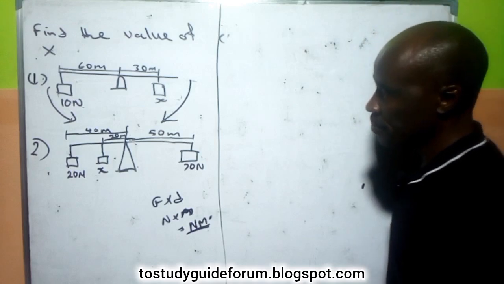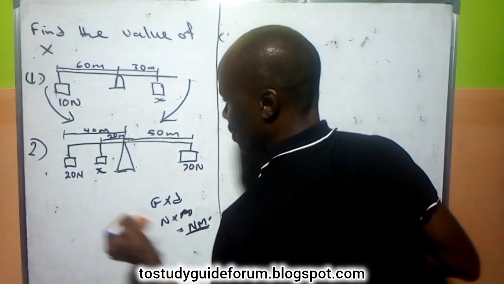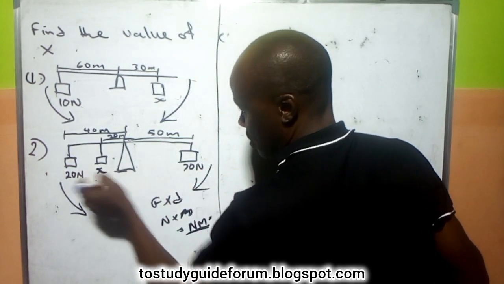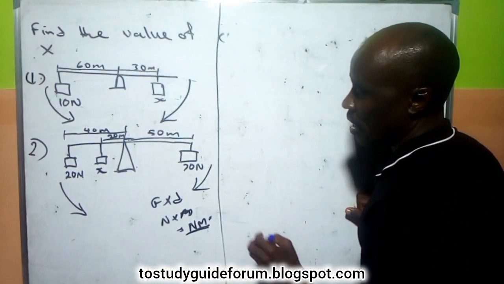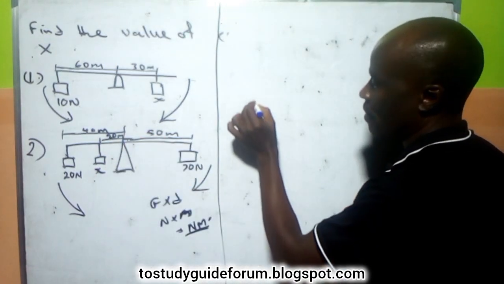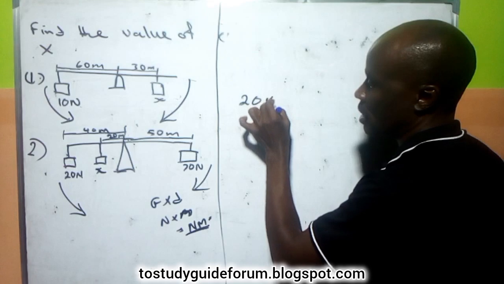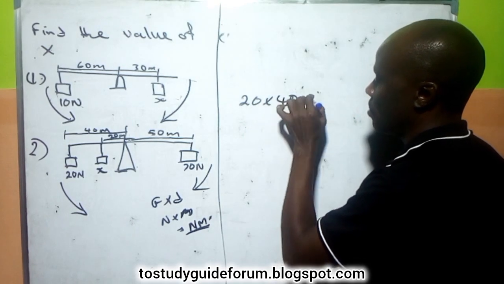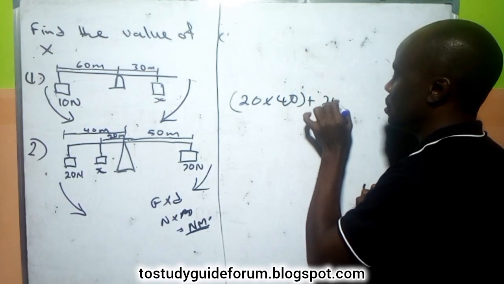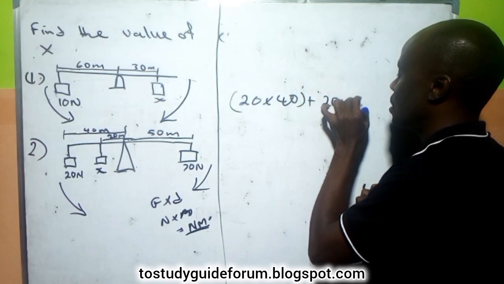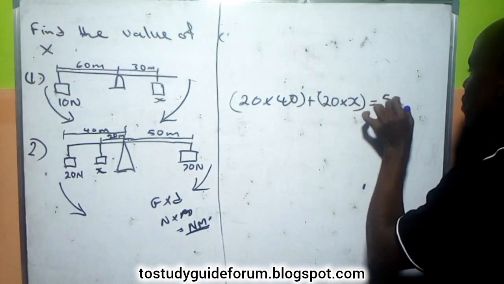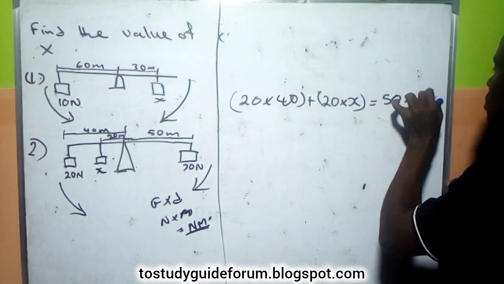Based on that, for the first side, this is anti-clockwise and this is clockwise. The anti-clockwise moment, we have the sum of the moments here. We have 20 times 40 meters plus 20 times x is equal to 50 times 70.